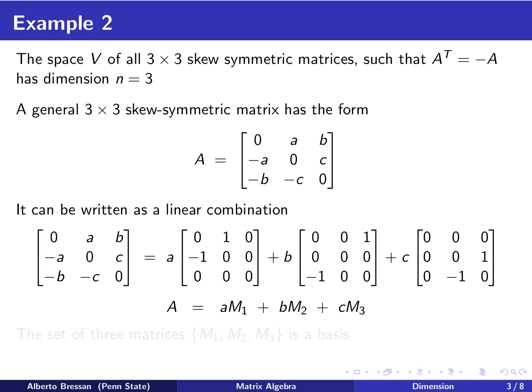And then we can assign B to be 1 and the others 0. So I will have negative 1 and 1 and 0 everywhere else. And that's this matrix here. We call it M2. And the last one will be keeping C to be 1 and letting the others be 0. So we'll have this one here, and that matrix we call M3.